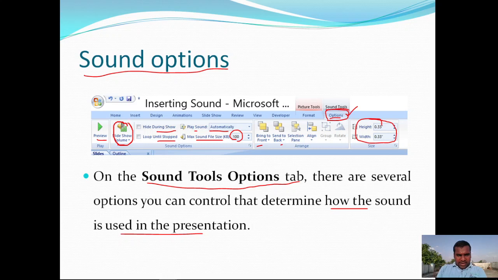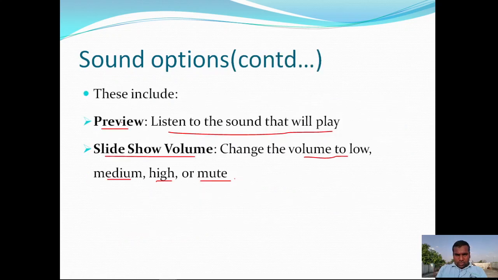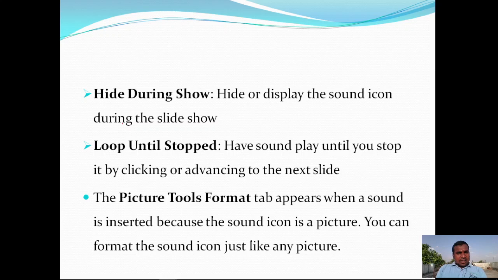On the slideshow volume command, we can control the volume by choosing several options like mute, high volume, low volume, and medium volume. Then another command is hide during show. It is going to hide or display the sound icon during the slideshow.